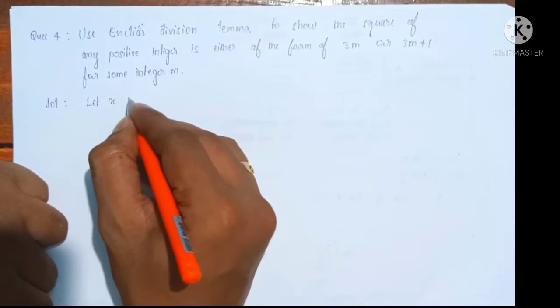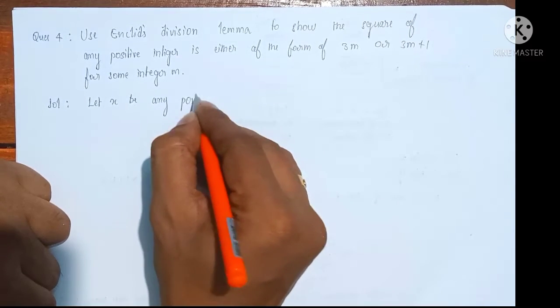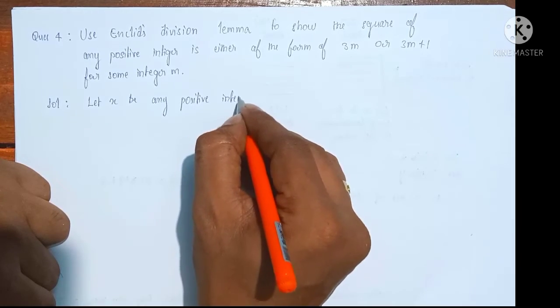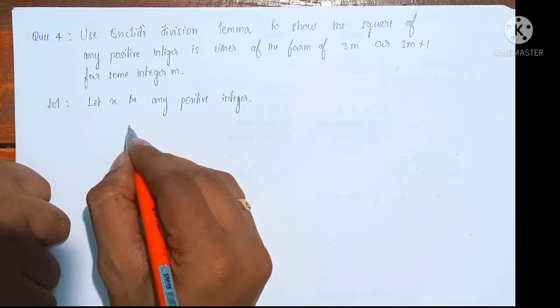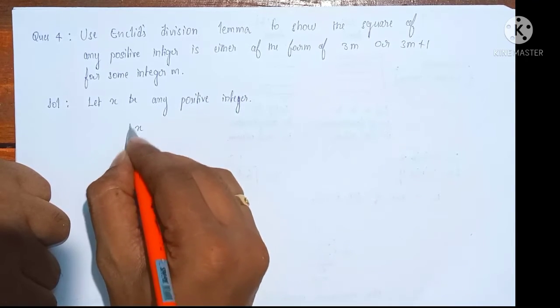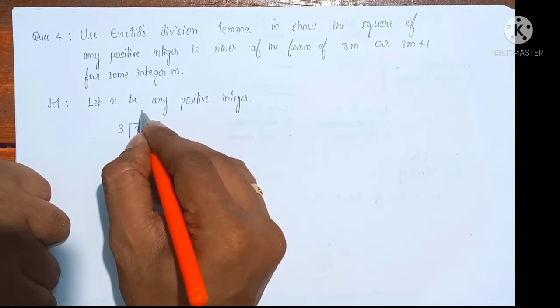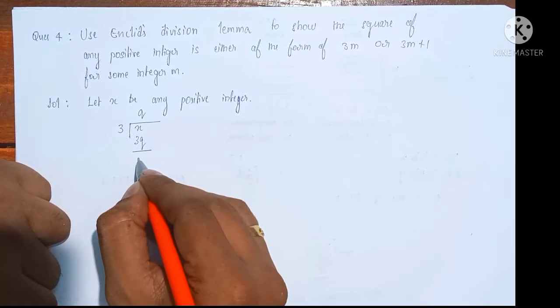Let x be any positive integer. We can divide x by 3. We will get some quotient, say q, and some remainder.